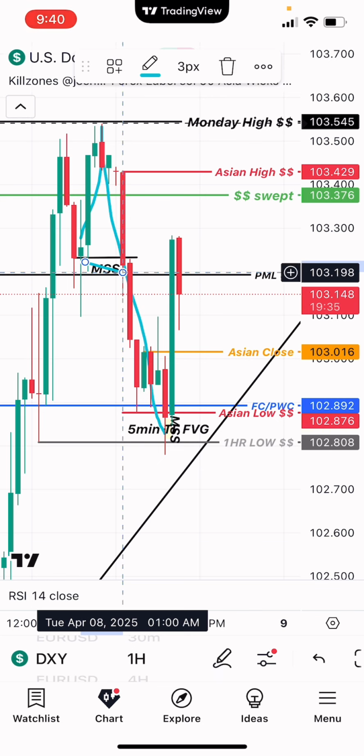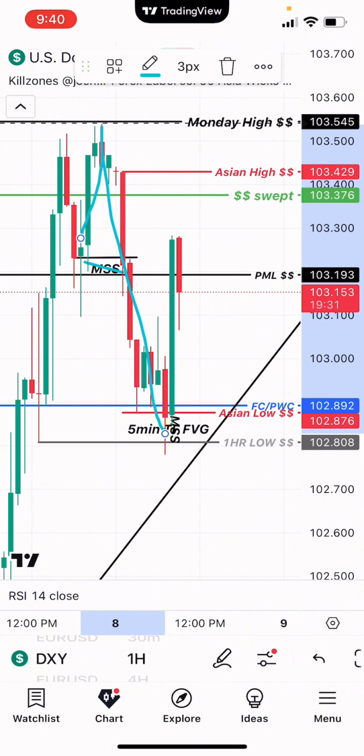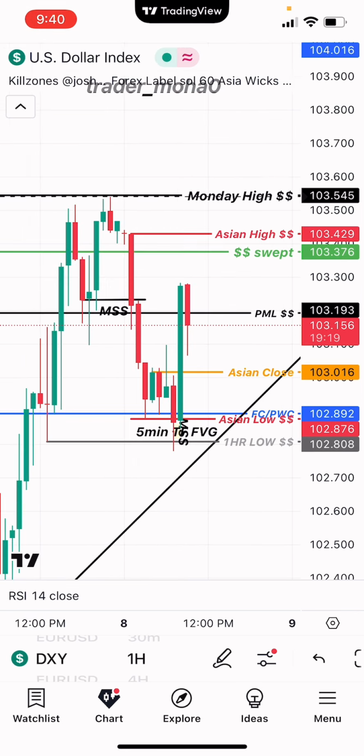So I had two things in my mind this morning when I was marking my points of interest and analyzing the chart.